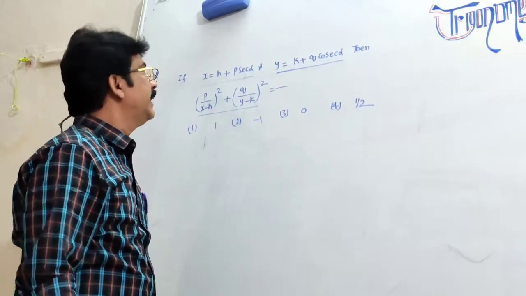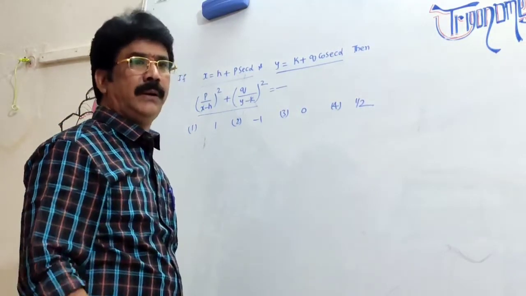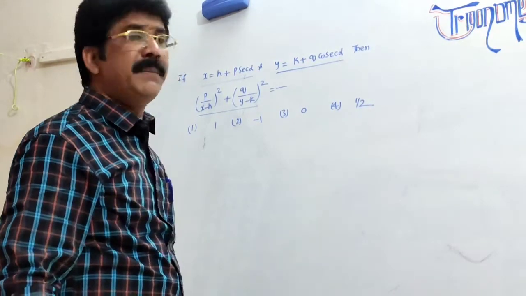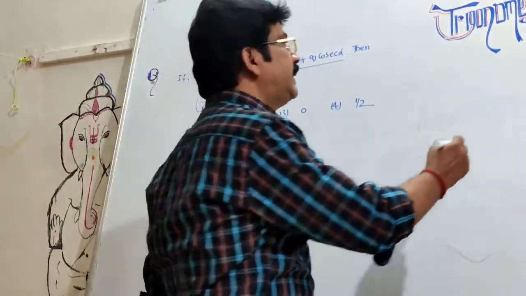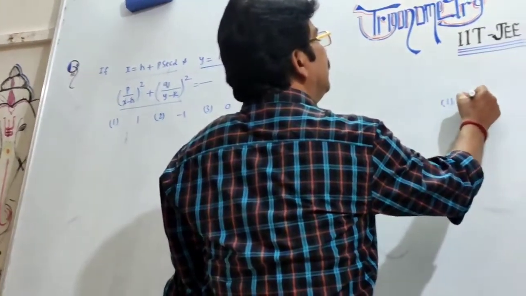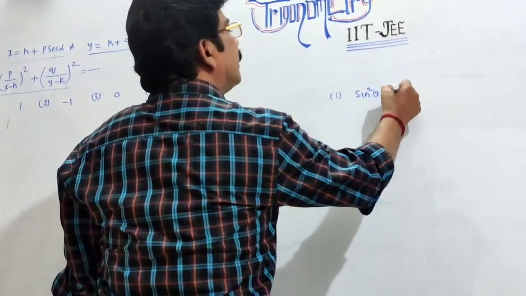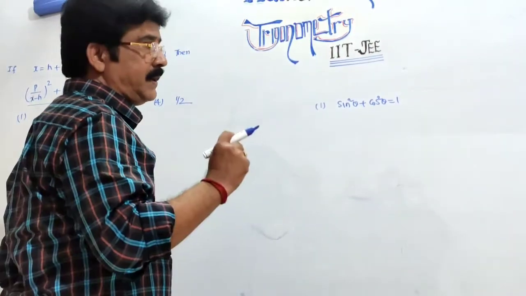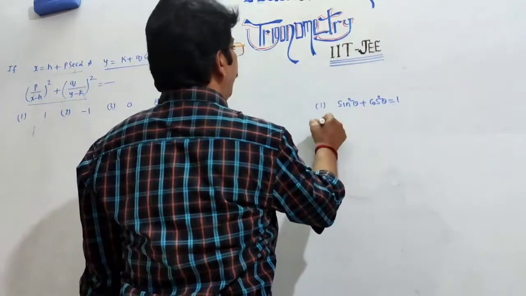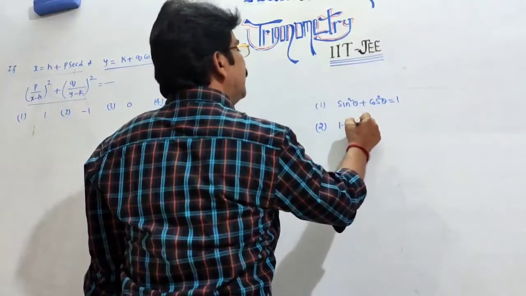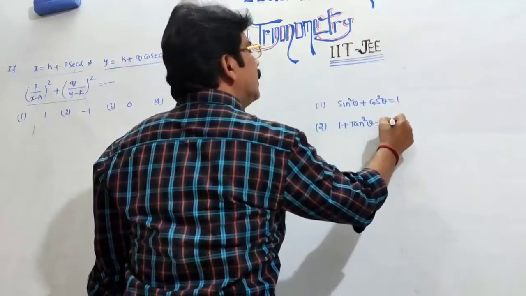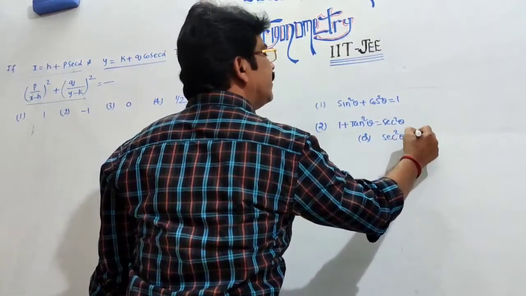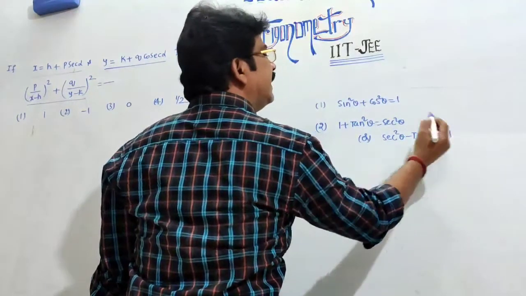Once again, you can recall the identical properties or fundamental formulae. Number 1, sin square theta plus cos square theta is equal to 1. It is an identical formula, an identity. Number 2, 1 plus tan square theta is equal to secant square theta, or in other words, secant square theta minus tan square theta is equal to 1.